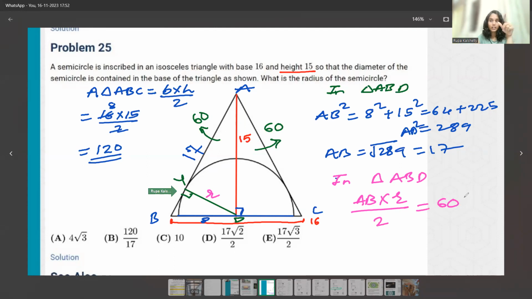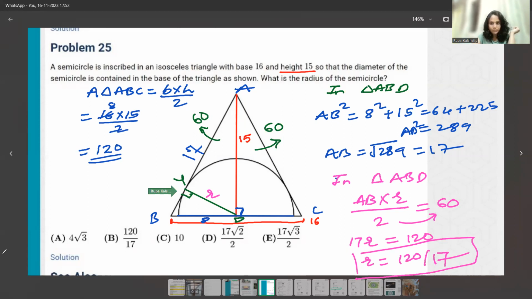We already know that the area of that half triangle is 60. So AB is 17, the radius is R, and this 2 goes to the right side and becomes 120. Further, the radius can be written as 120 over 17. So that should be the radius of your circle.